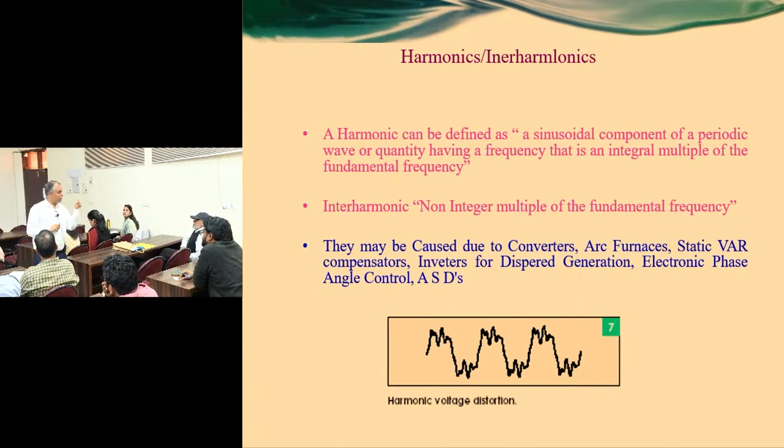Those kinds of regulations are going to come very soon at the distribution level, but not at the individual household level, at the distribution level only. In close proximity to your distribution transformer, you are going to install another custom power device which is going to take care of it, because study of the load pattern is very important.